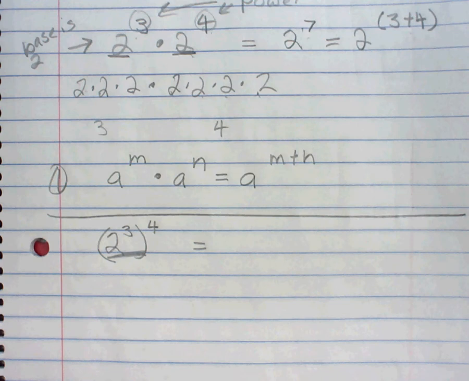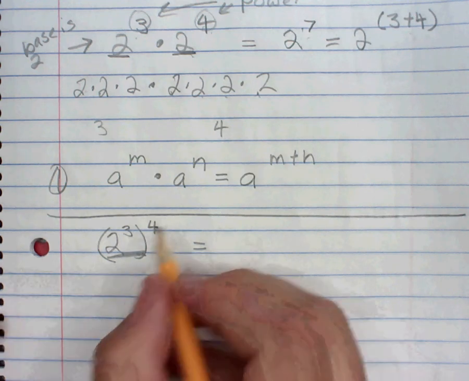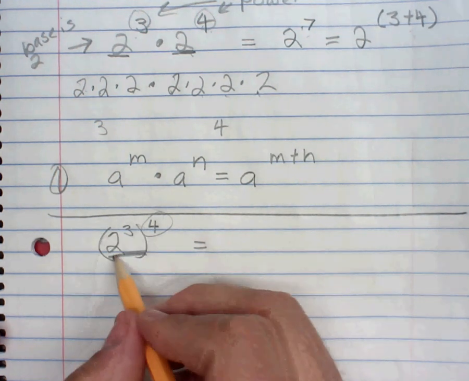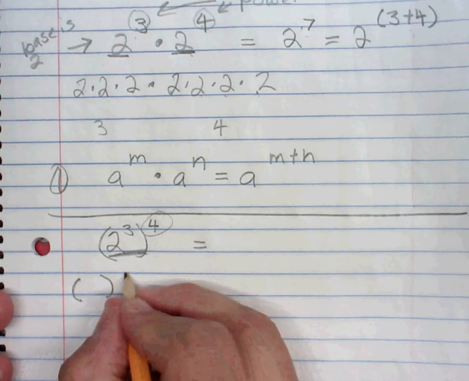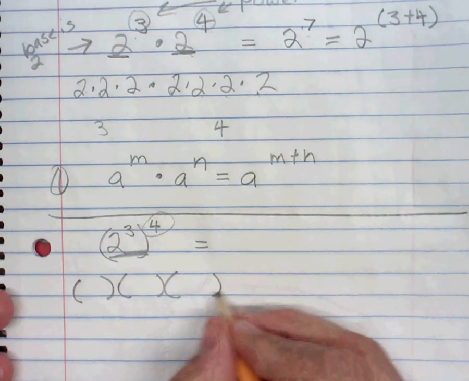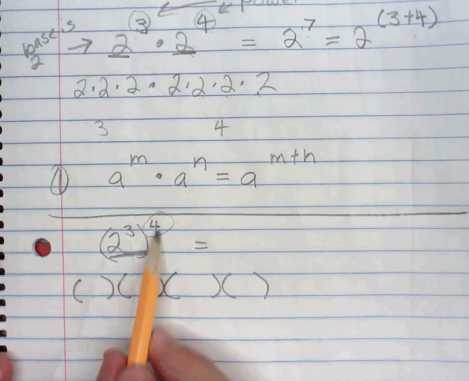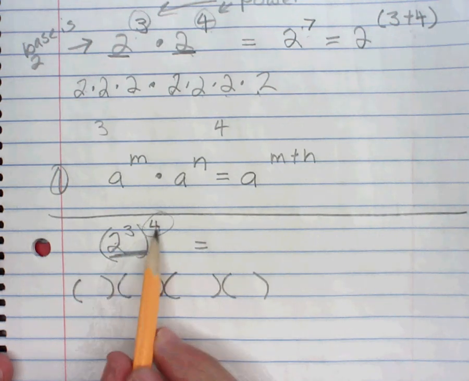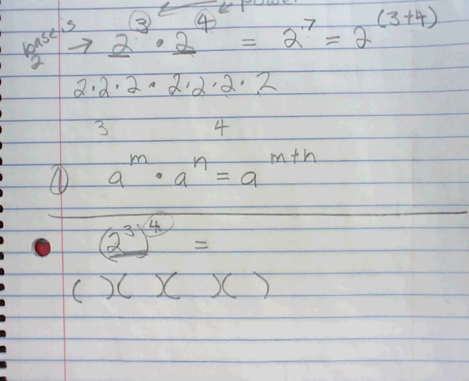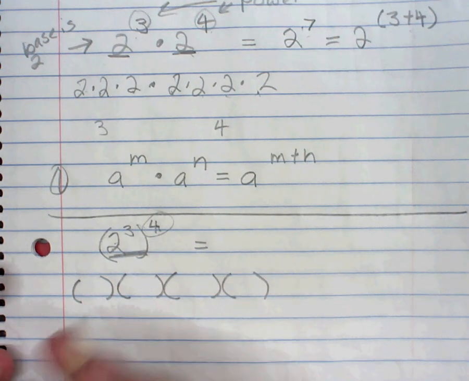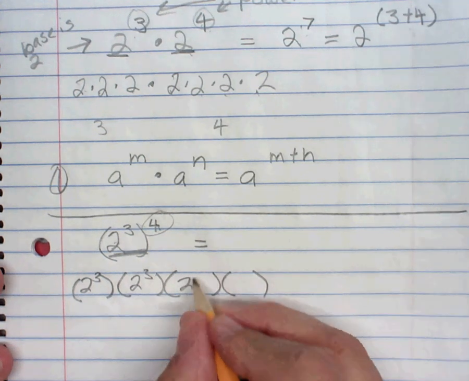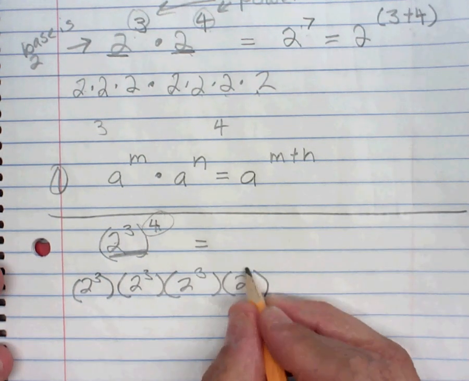No, listen to the question. What does this 4 mean? It means whatever is in the parentheses, 1, 2, 3, 4. I'm going to multiply this, whatever this is, by itself 4 times. Does that make sense? So that means I'm going to put 2 to the 3rd here, 2 to the 3rd here, 2 to the 3rd here, 2 to the 3rd here.